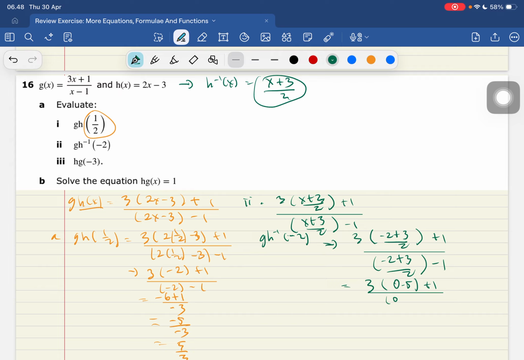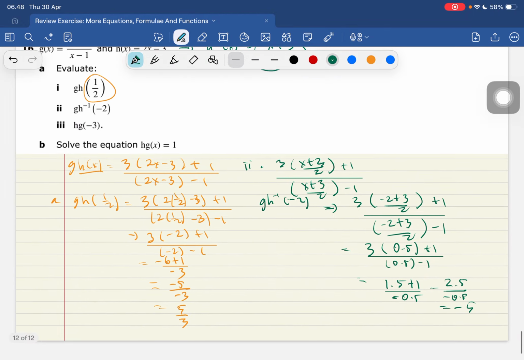Here also is 0.5 minus 1. 3 times 0.5 is 1.5, plus 1, we divide by negative 0.5, so we got 2.5 divided by negative 0.5, the answer is negative 5.